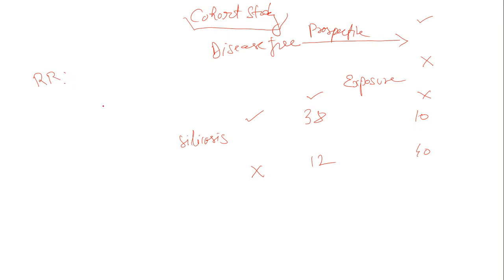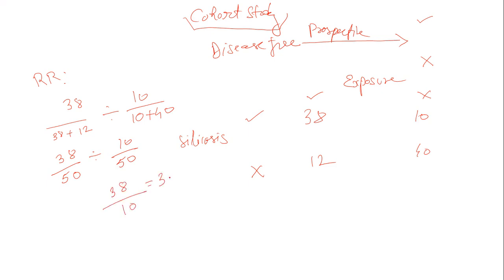Now, relative risk is actually the probability of having an event in the exposed group compared to that in the unexposed group, which is 38 divided by 38 plus 12, divided by 10 divided by 10 plus 40, which comes up to be 38 divided by 50 divided by 10 divided by 50, which comes up to be 38 divided by 10, which is 3.8.